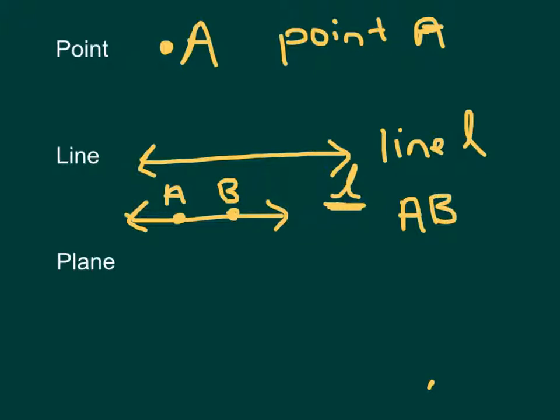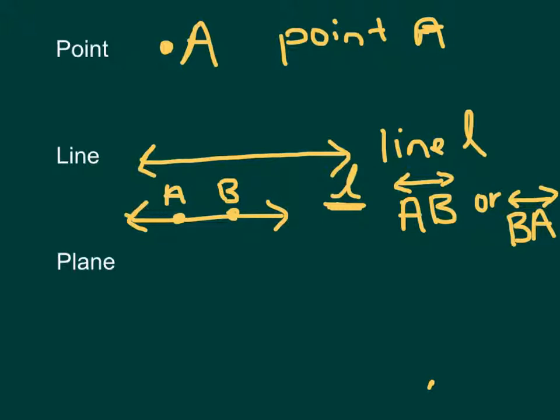We would use the 2 uppercase letters, and we're going to put a bar with 2 arrows on it, representing that it's a line. It's going to go on forever. The order doesn't matter when you're naming a line.